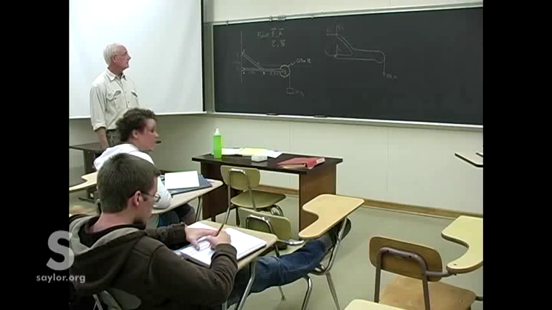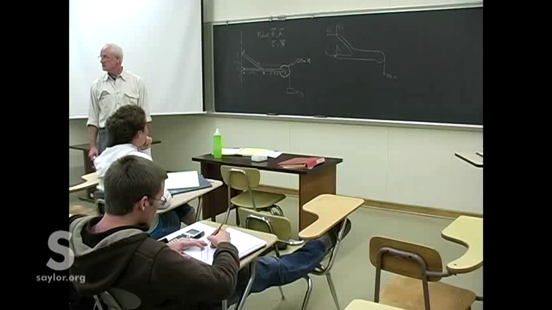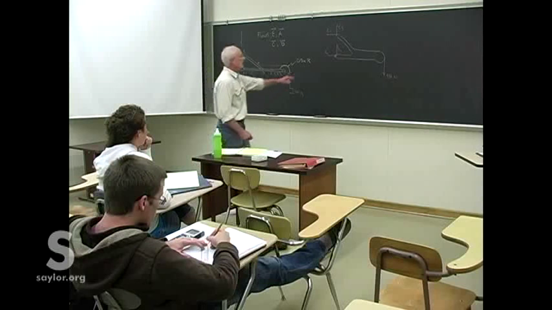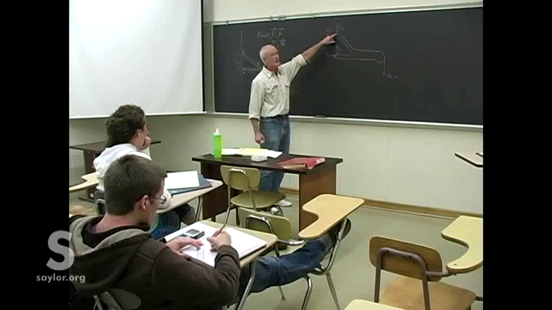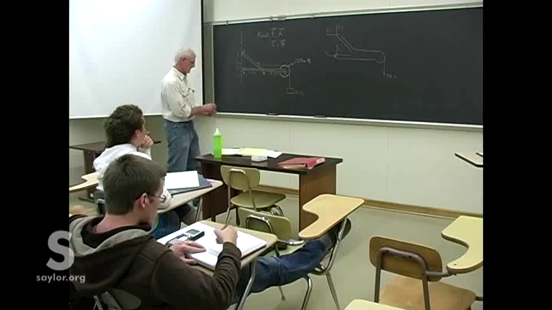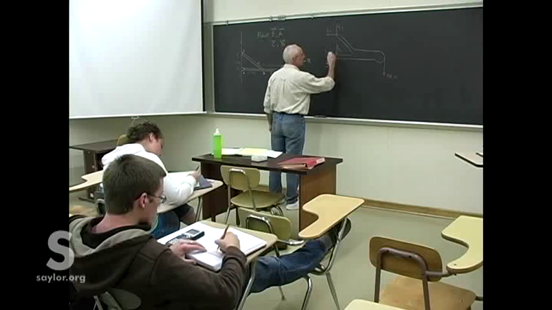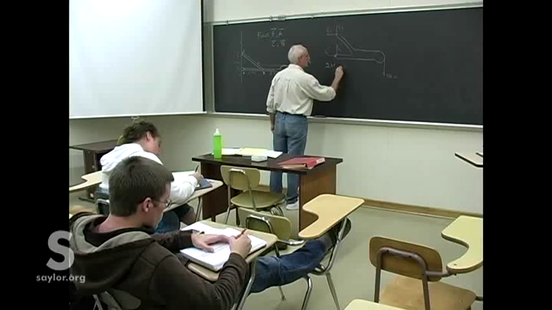Shouldn't we be able to find EX and then AX by summing the moments about either A or E? So we can at least get a start on it. Once we find either one of them, we know the other one.